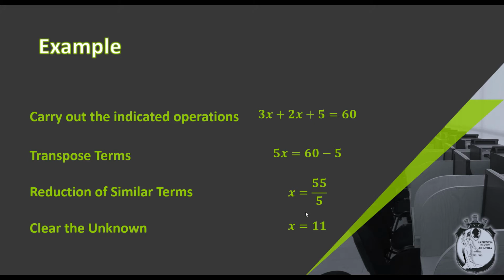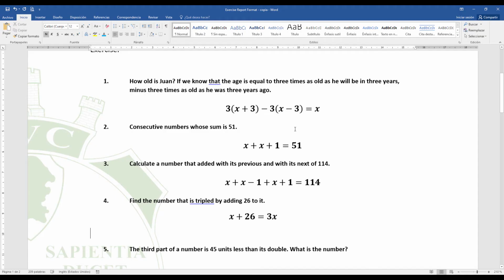So you only carry out again the indicated operations and you get the value of the unknown variable. So we will solve the proposed equations that we did in the last class. Here I will copy that.